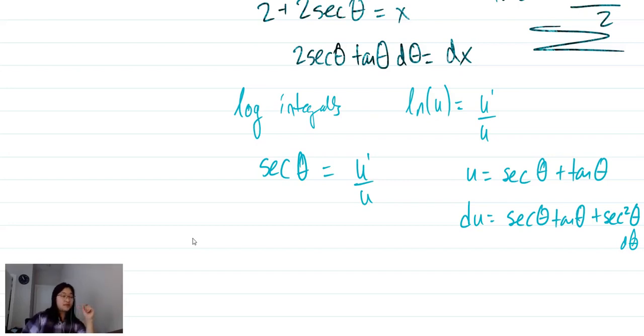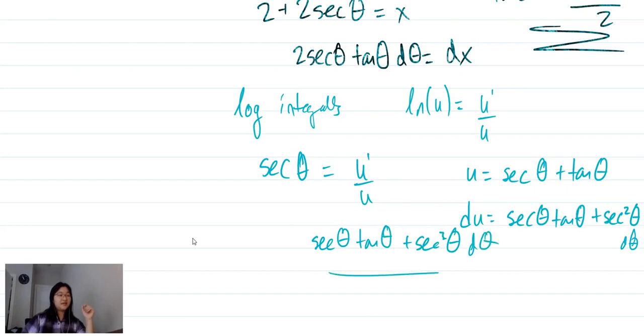And so what would that be? Secant theta tangent theta plus secant squared theta d theta over secant theta plus tangent theta.